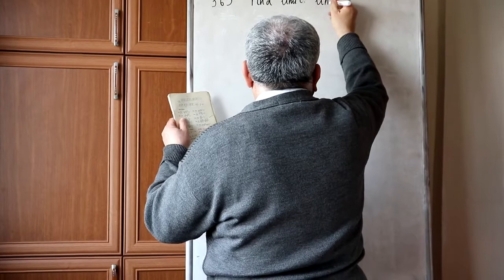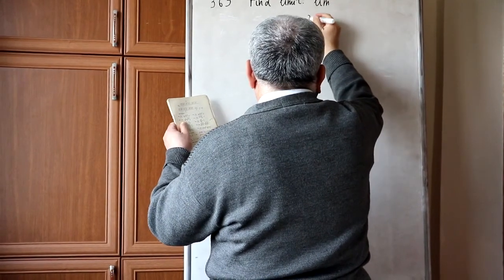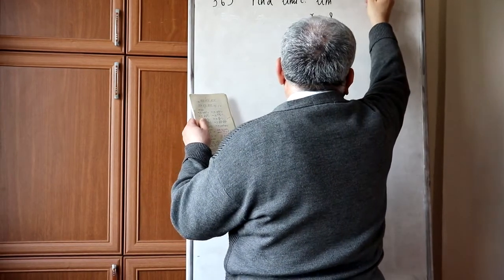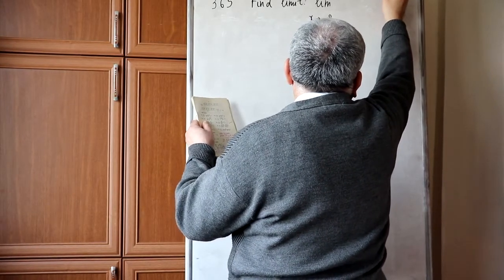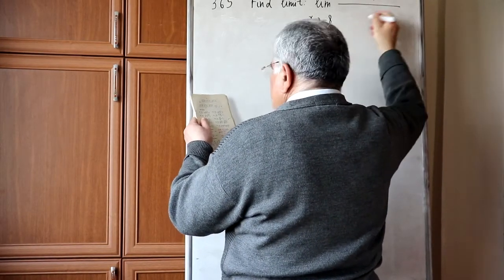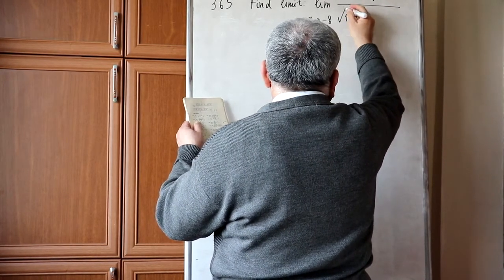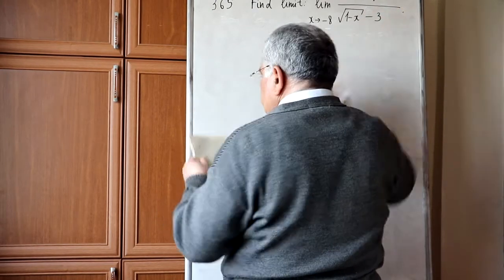Limit when x tends to minus 8 of 2 plus cube root of x over square root of 1 minus x minus 3.